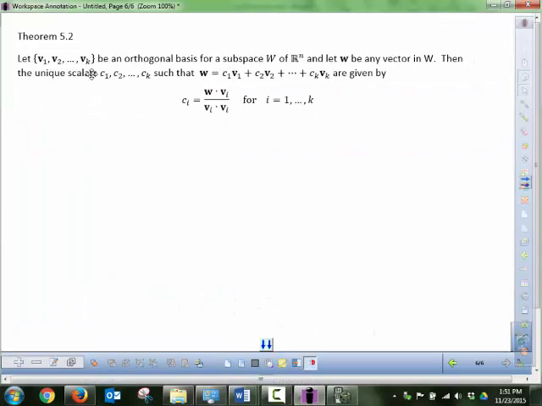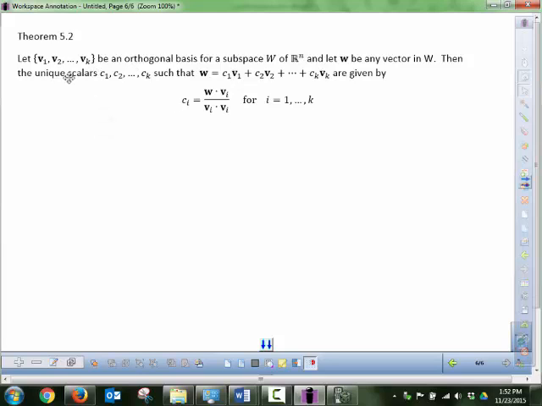So if you have a random number of vectors, oh, you already have an orthogonal set of vectors. Oh man, this is different from what we just did. Anyways, I thought this was the same thing. All right, this is a new thing.